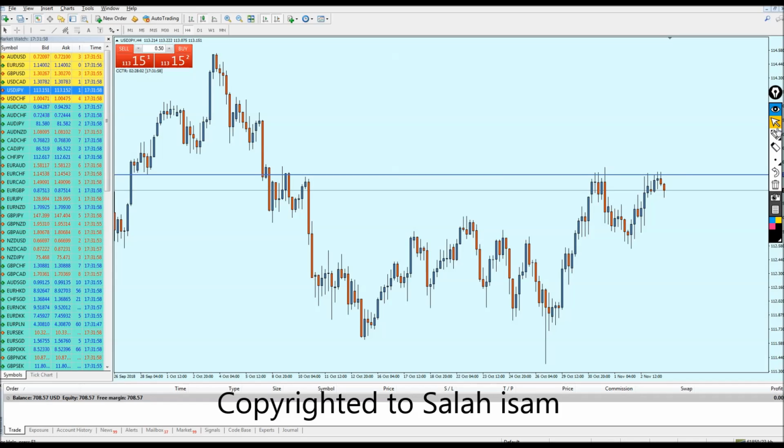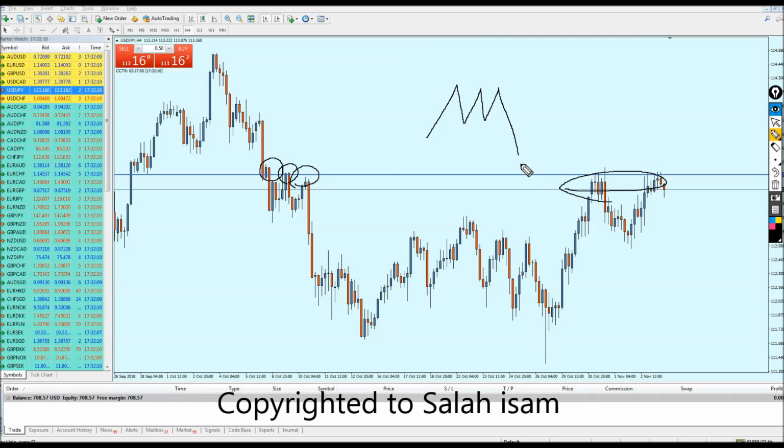If I put the line here, I can see that here we had a resistance, and here also, and here, and now also here. So the candle is doing like this: going down and again going up two times, and now it's going to reverse and go more down. So here you cannot assume that it will go up. I'm not telling you it won't, it might, but you cannot assume it will.